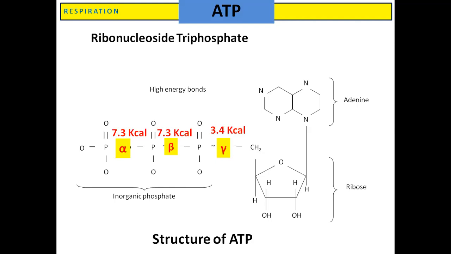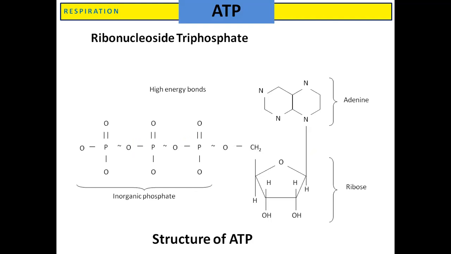Now, in many metabolic processes, it is the terminal phosphate bond that is broken down and the released energy is used for different metabolic processes. In this way, we call ATP the energy currency of the cell.